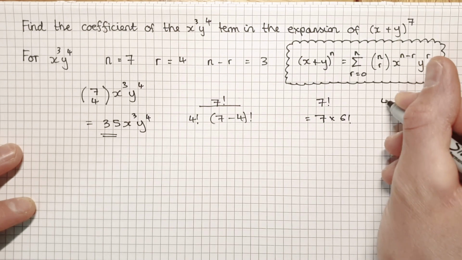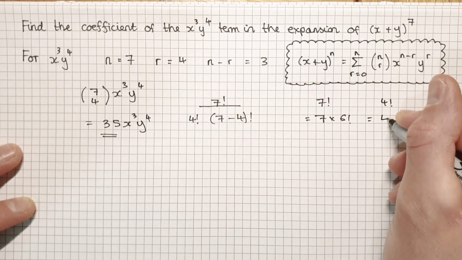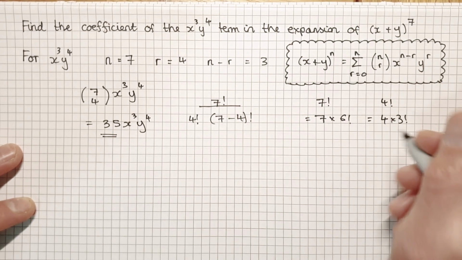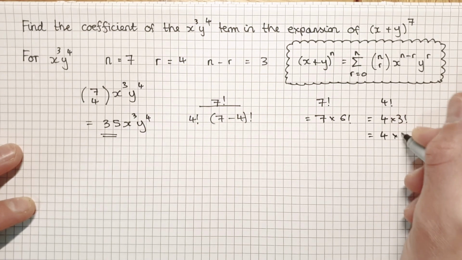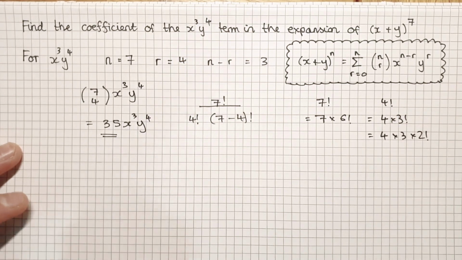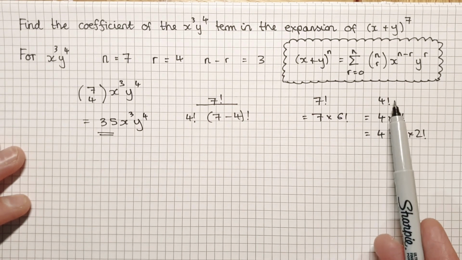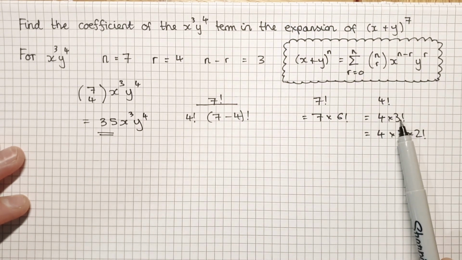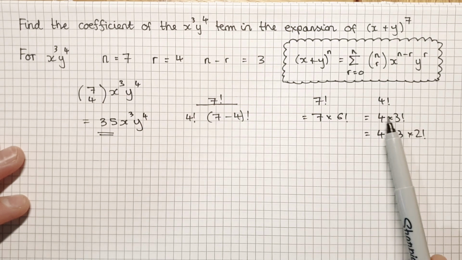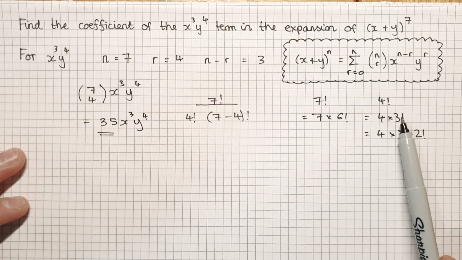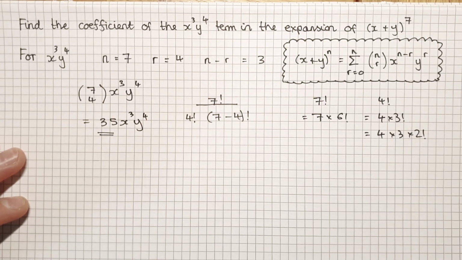Or let's say 4 factorial is just the same as saying 4 times 3 factorial. And you could even say that's 4 times 3 times 2 factorial. Because remember, factorial is just 4 times 3 times 2 times 1 for this one. So if you've got 3 factorial, that's just 3 times 2 times 1, and that just adds in the 4 to multiply all that together. So that's just the same as 4 factorial.